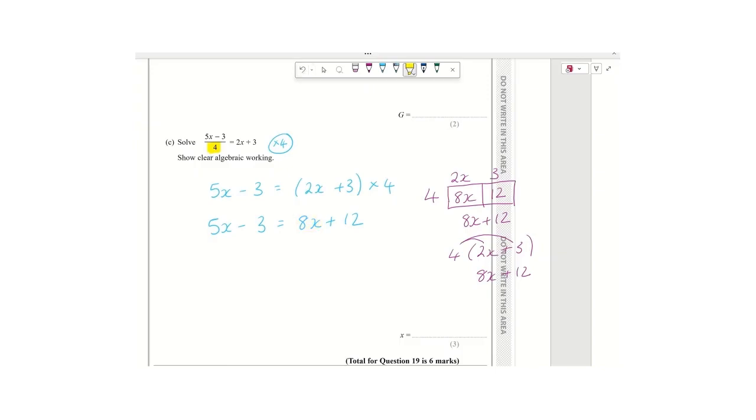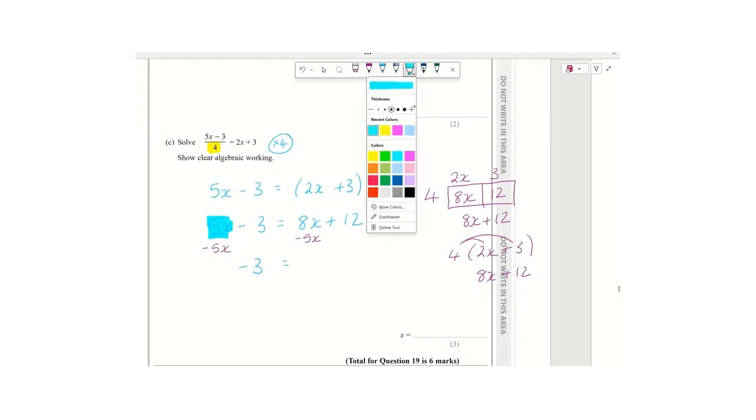So that means that I need to get rid of the x's on this side. So in order to get rid of 5x, I have to take 5x's away from both sides. So that leaves me with minus 3 on this side, because that minus sign there belongs to the 3.